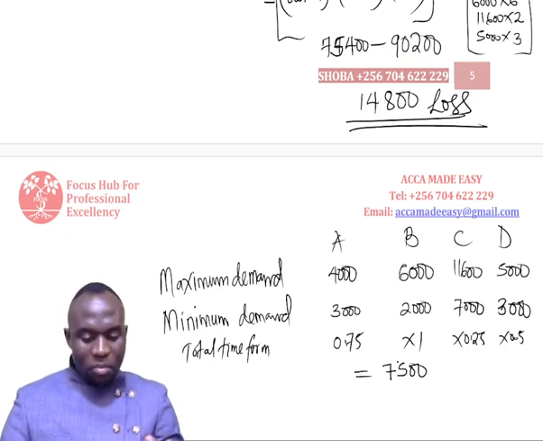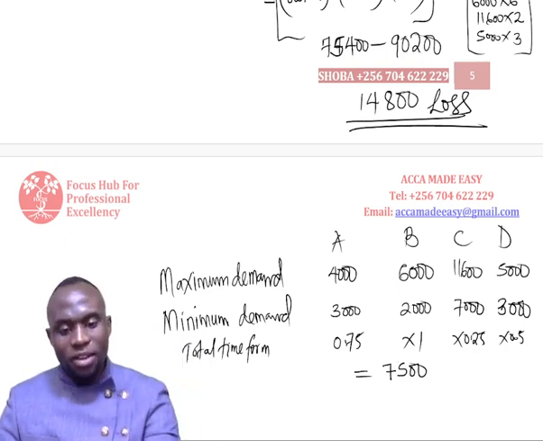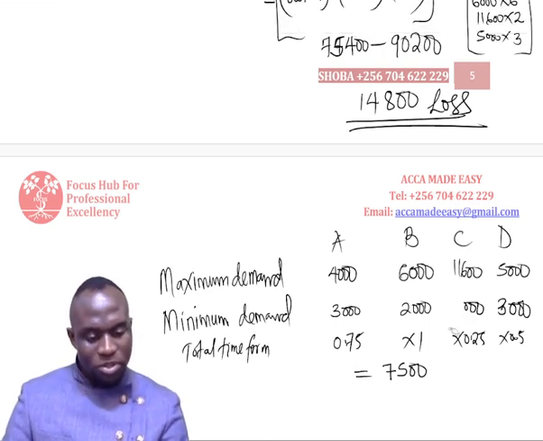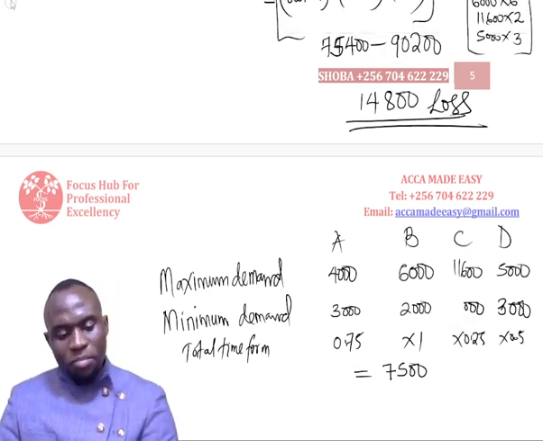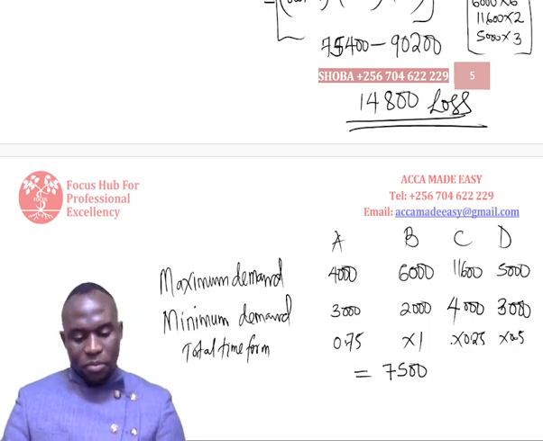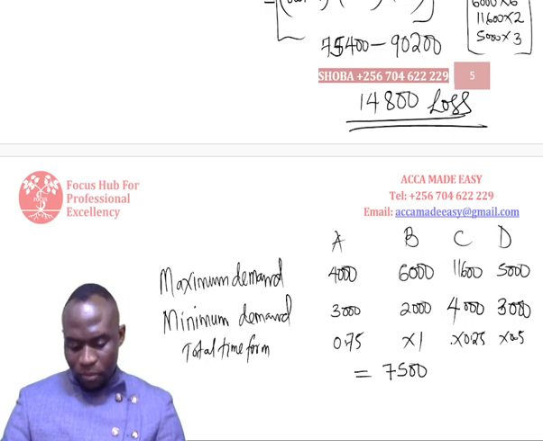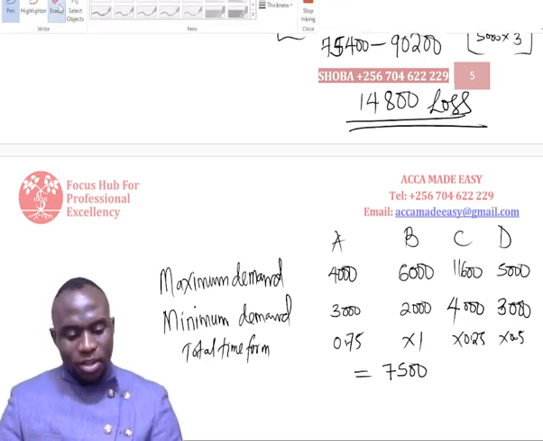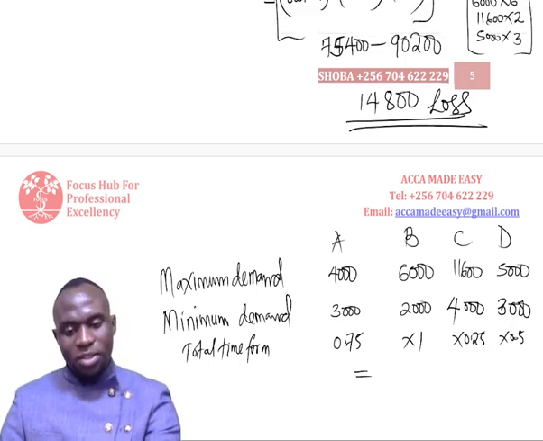Okay, there is a problem. I need to reduce this a bit further. So let me reduce it a bit further by maybe reducing these units. Let me make them 4,000 units. So if I make them 4,000 units, the total would be still more. I want something less than 6,000 hours.